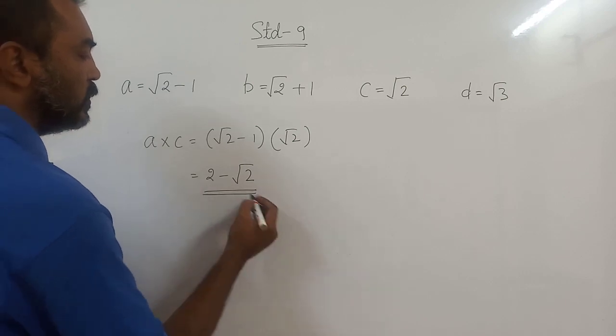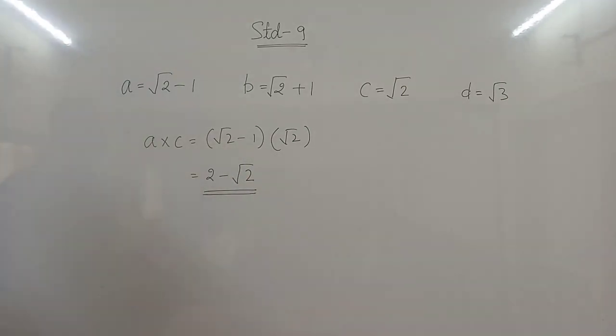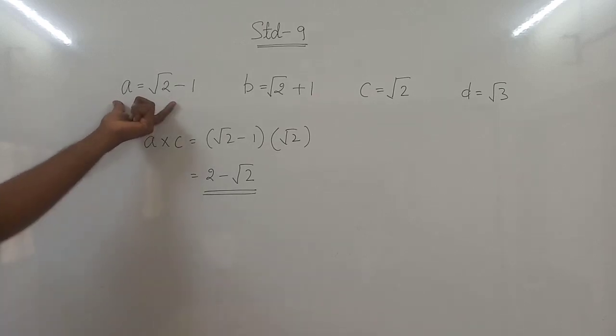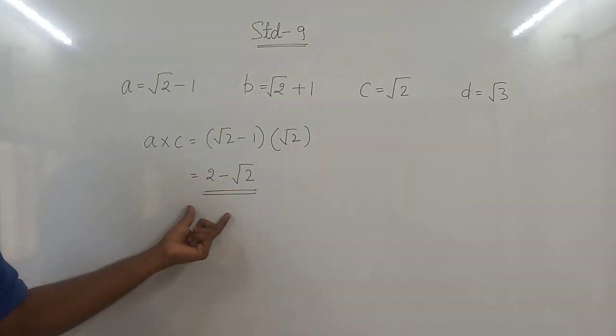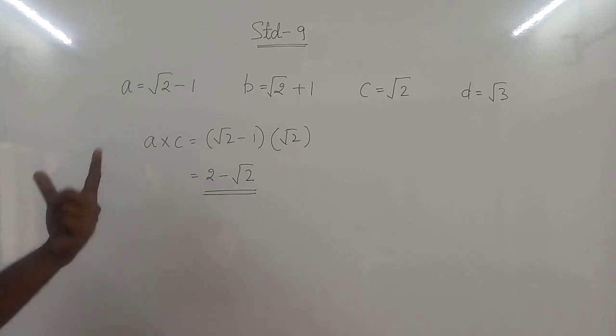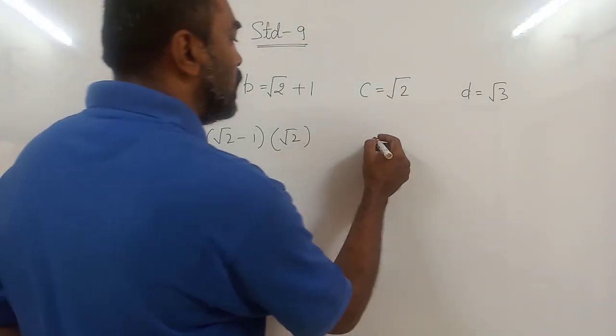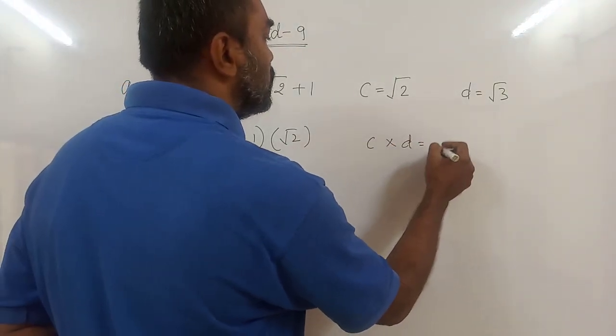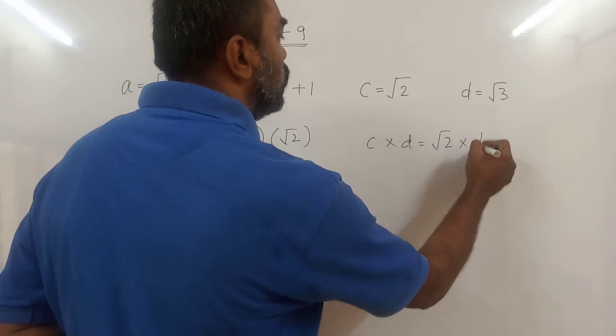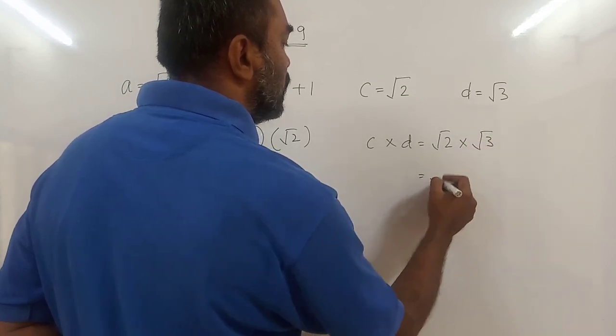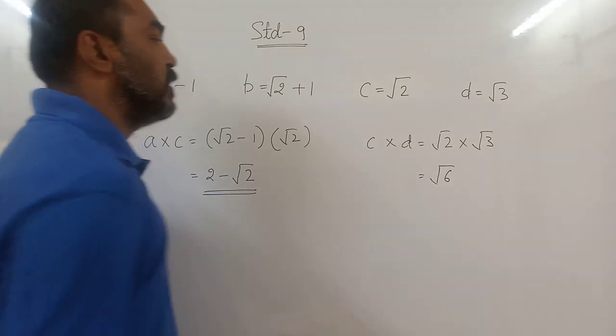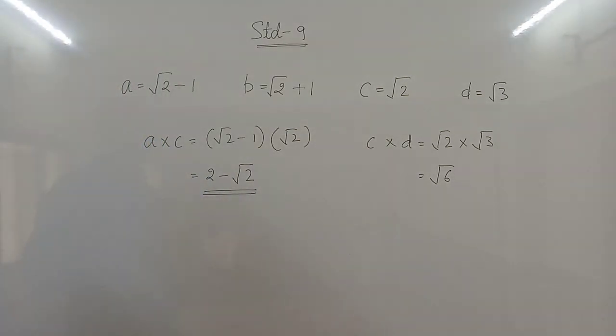Again what do you see? This is an irrational number. So multiplication of an irrational with an irrational sometimes gives me an irrational number, sometimes a rational number. Let me multiply C into D. C into D is root 2 into root 3. That is root 6. It is still an irrational number.